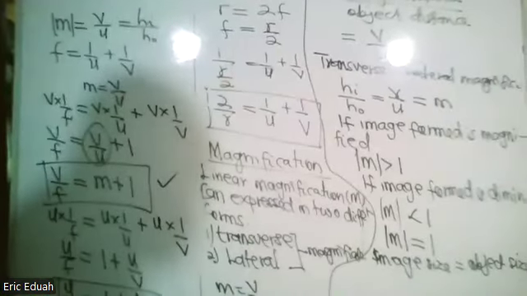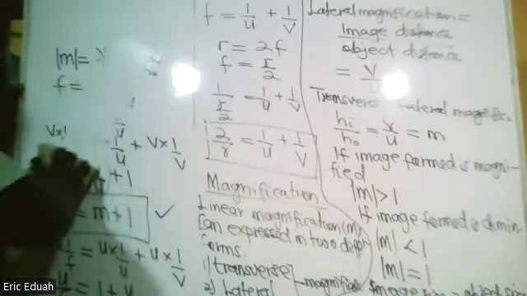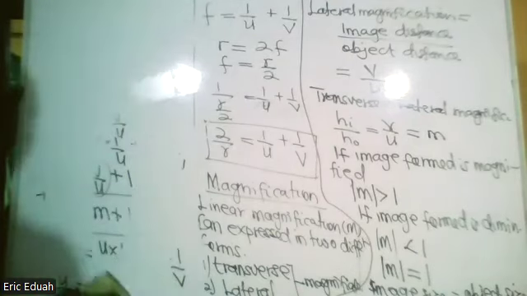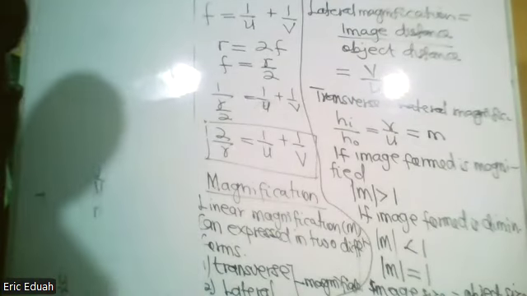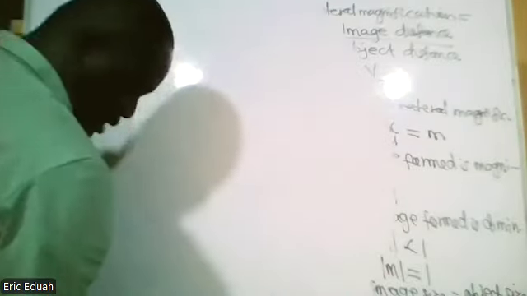These rules go with using the mirror formula and the magnification. These are termed conventions. So we must understand the rules and then use them with the mirror formula for solving problems. So let's quickly go through the conventions.